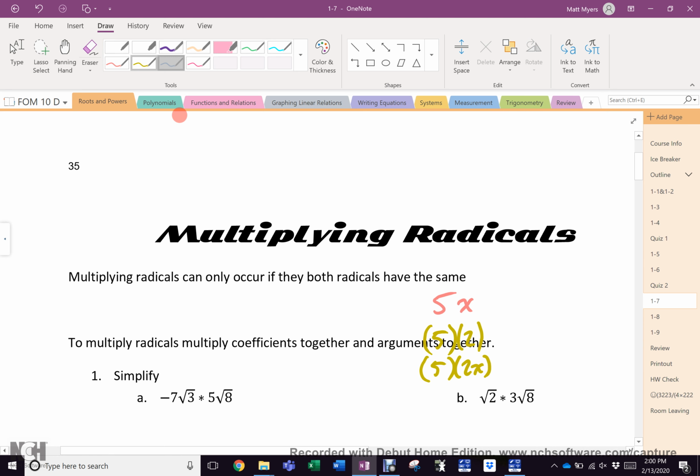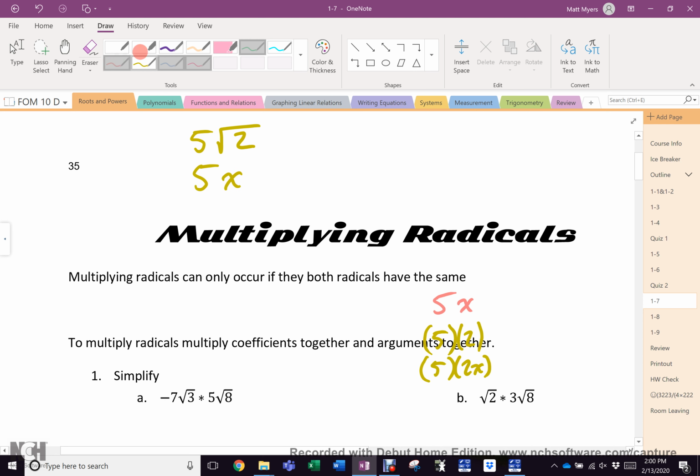Logically, remember, if something happens in math, how often does it happen? Every time. So what does that mean? 5 times the root of 2. Everybody with me? It behaves exactly the same as 5 times x. Everybody cool?